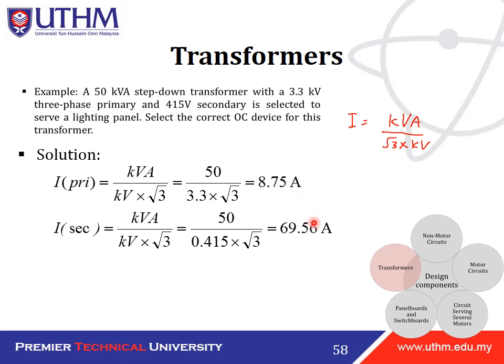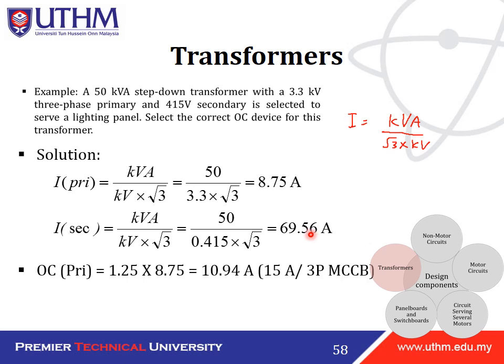So we have 8.75 ampere I primary, and then we have 69.56 ampere for secondary.